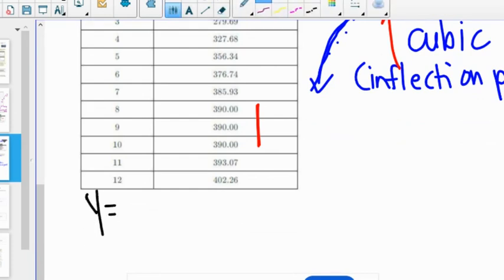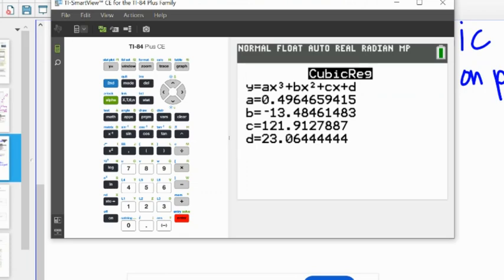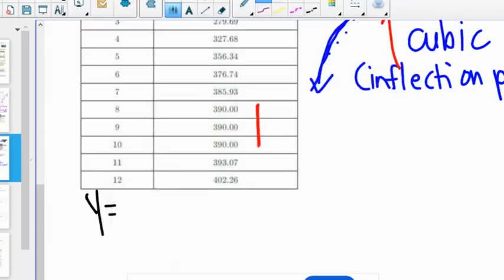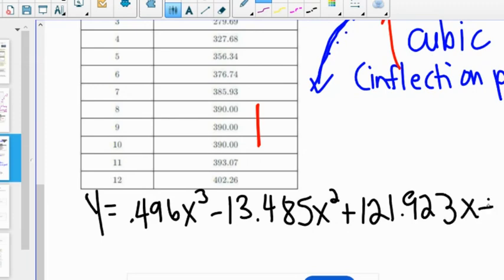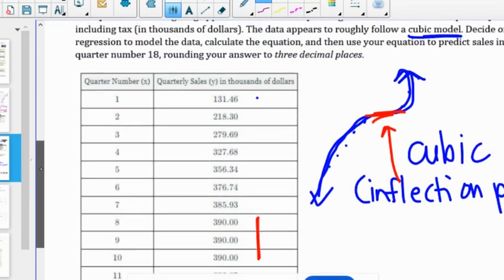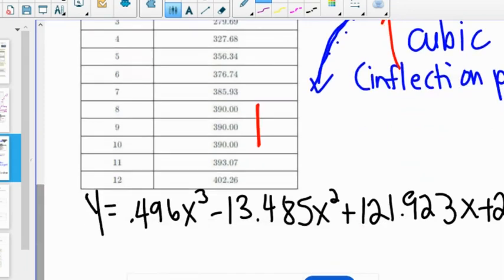We'd have y equals the A value of 0.496 x cubed, and then minus 13.485 x squared plus 121.923 x plus 23.064. And again, rounding to the nearest thousandth, because that's what the instructions gave us.